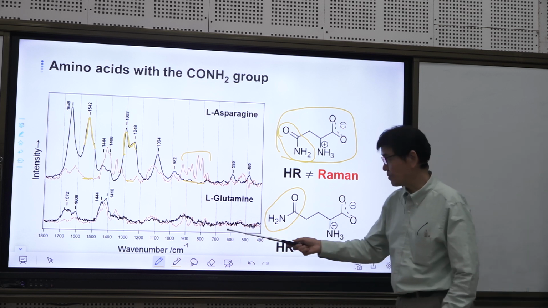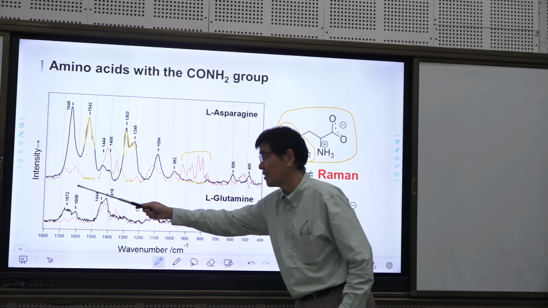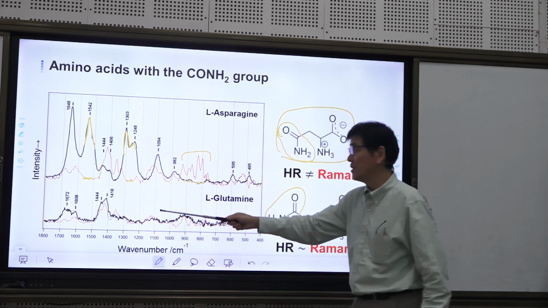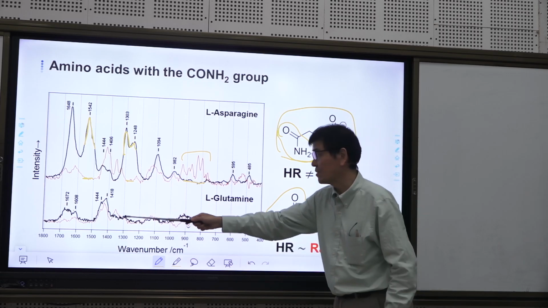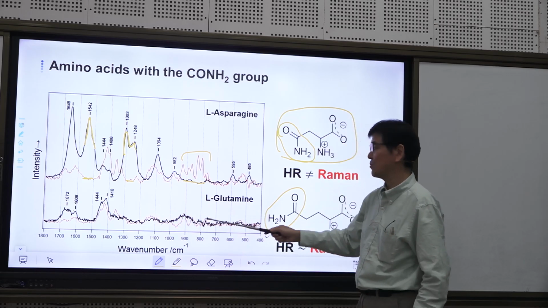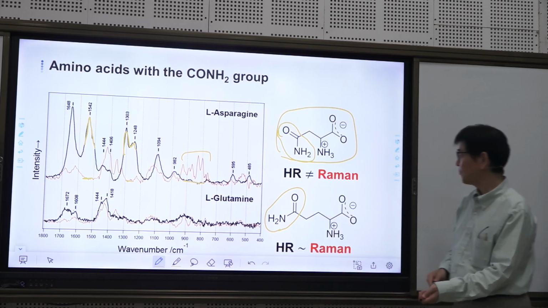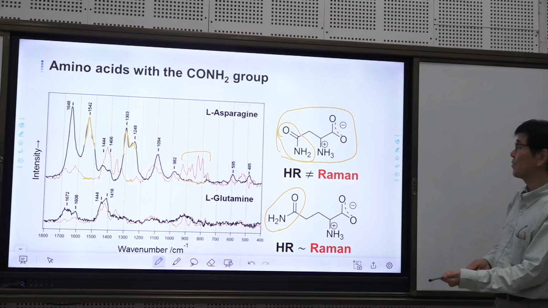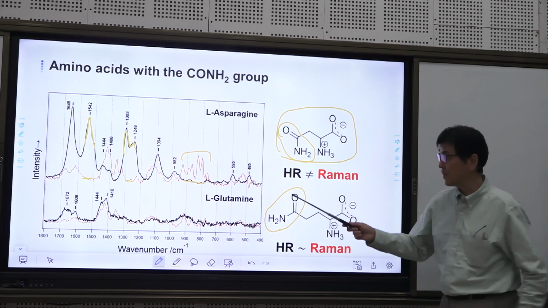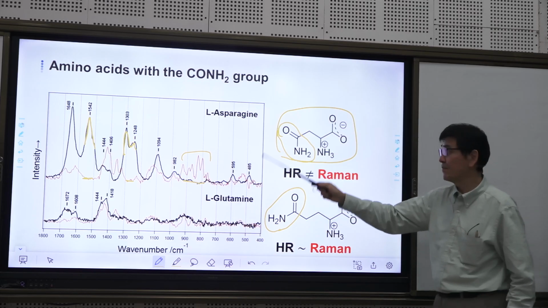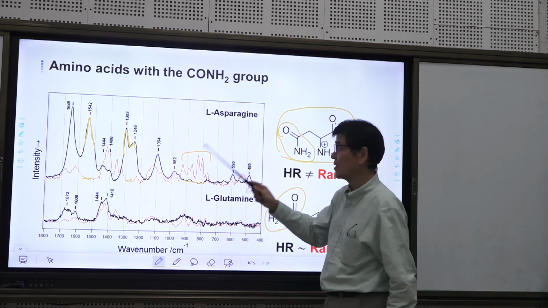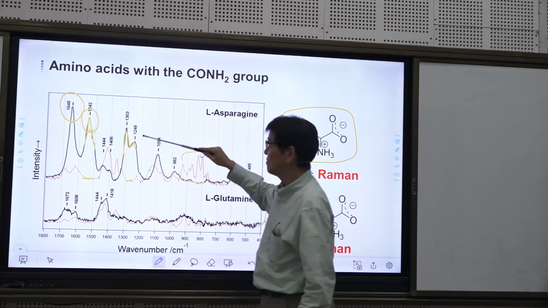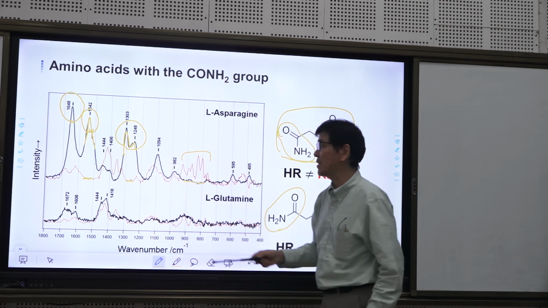But in this case, surprisingly, the hyper-Raman spectrum, black, and the Raman spectrum, red, were not very different. They were similar to each other. So about this result, we can expect some new information about large peaks that only appear in the hyper-Raman spectrum.